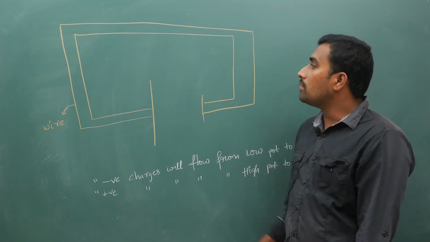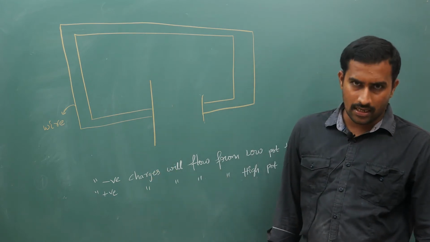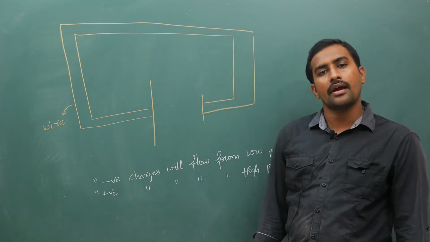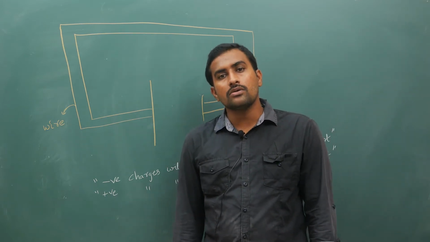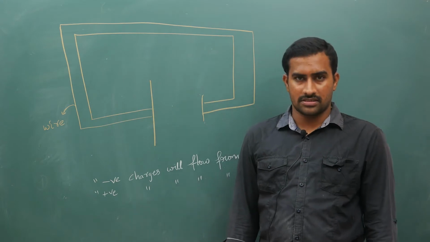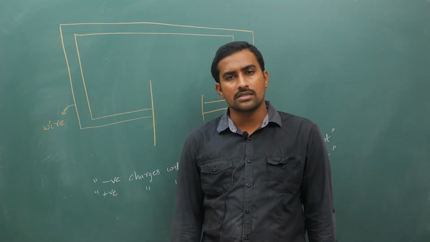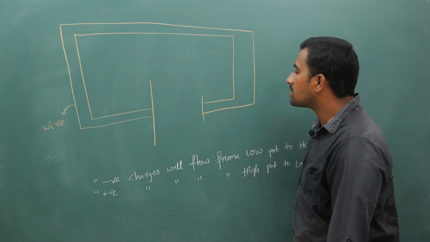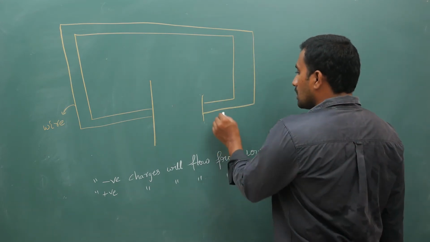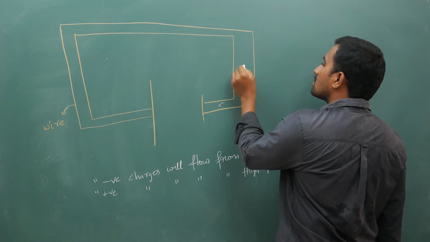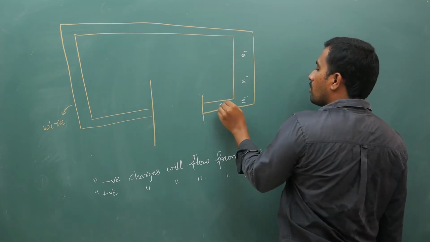Now if you look at this, your positive terminal is at higher potential and the negative terminal is at lower potential. Don't worry about how the cell is producing charge carriers, but what happens is your electrons will start going like this.